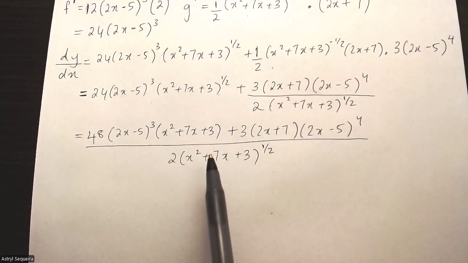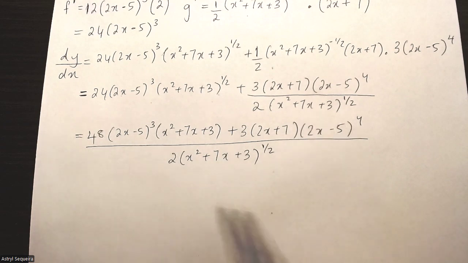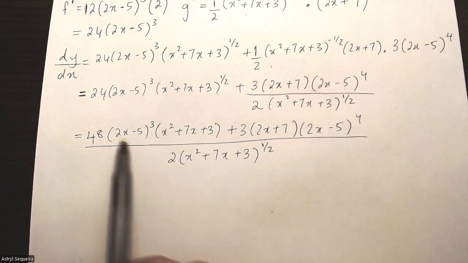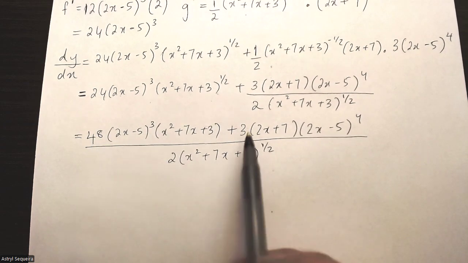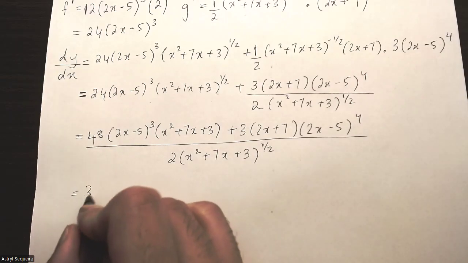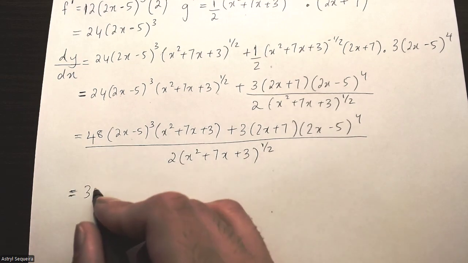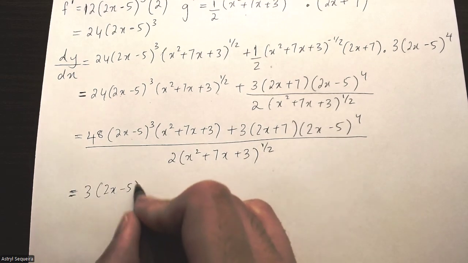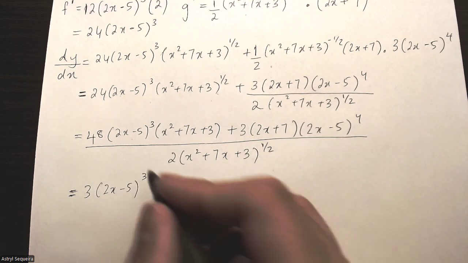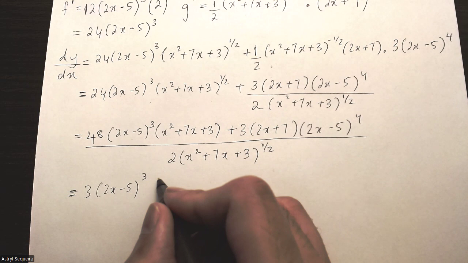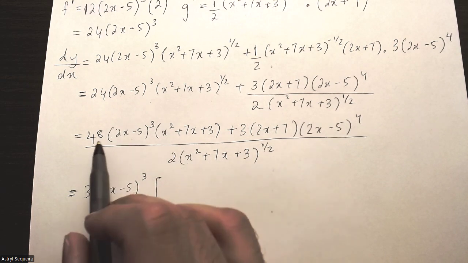Now, next step, I have to common factor out whatever I can over here. So in the top, my common factor between 48 and 3 is just 3. Then between these two brackets, I can take out 2x minus 5 cubed. And then there's nothing else I can common factor in the numerator. So I'm just going to write what's going to be left.